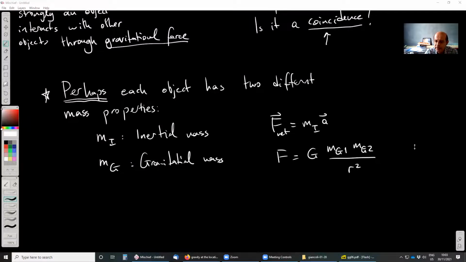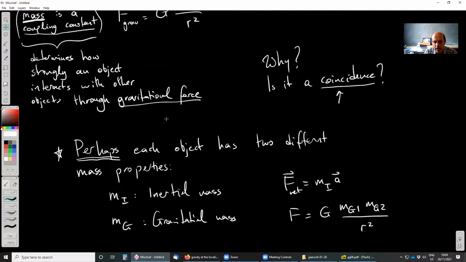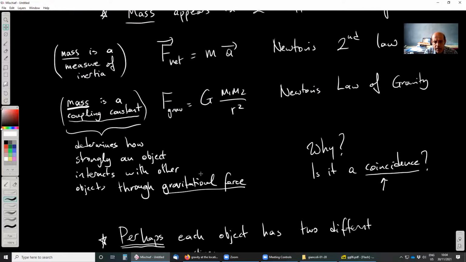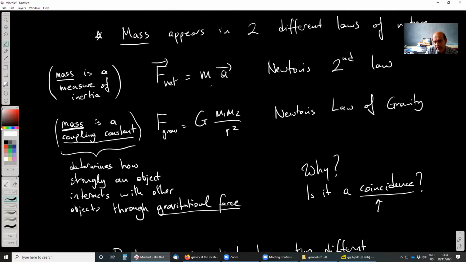When we tried to find the mass in previous chapters, we said that it's a measure of inertia. Why do we choose the first explanation, but not the second? No, I didn't choose anything here.